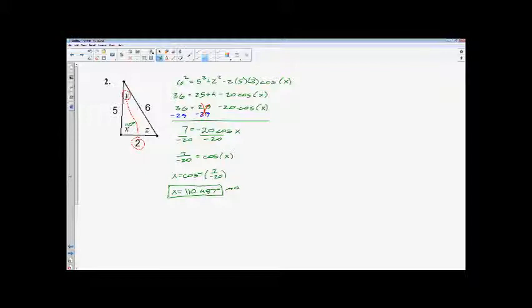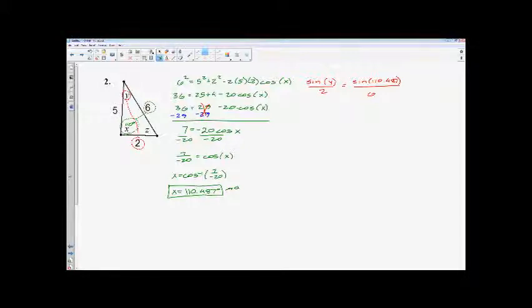That's my shortest side, so I know y is the smallest angle. I'll set up law of sines doing sine of y over 2 equals sine of 110 over 6. So let's solve for y. Sine of angle y over 2 is going to equal the sine of that angle I just solved for over 6.